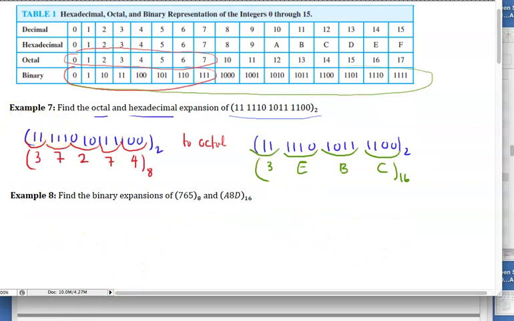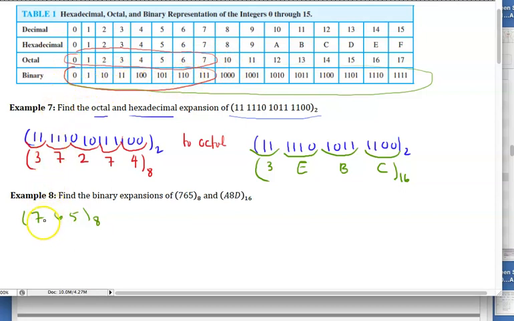Let's do a couple more examples like this. Let's find the binary expansion of 765, base 8. Now we're looking at the row in base 8 and changing all these numbers into groups of up to 3 digits.